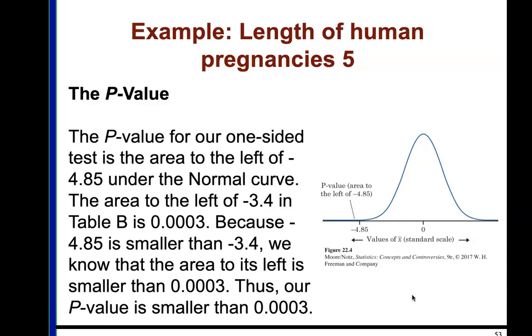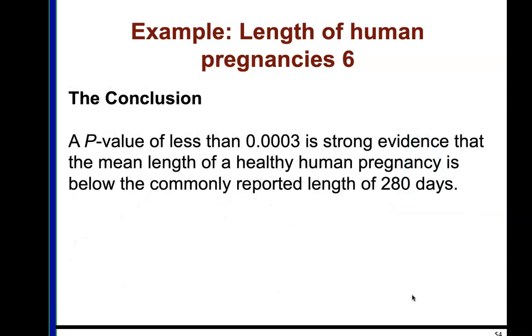Now, I'm not suggesting that we throw out everything that obstetricians use, because this was a small sample of 95, and that 280 might also include some of the other types of births that are going on. So this was just a small textbook example, so don't go throwing out what doctors say. But here we do note that the conclusion is that this p-value is definitely strong evidence that the mean is below that commonly reported length of 280.